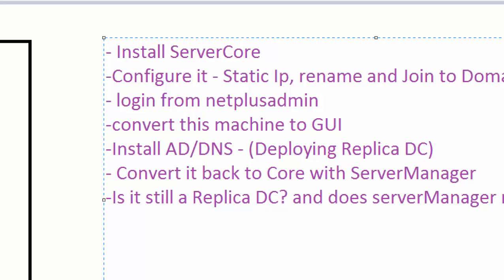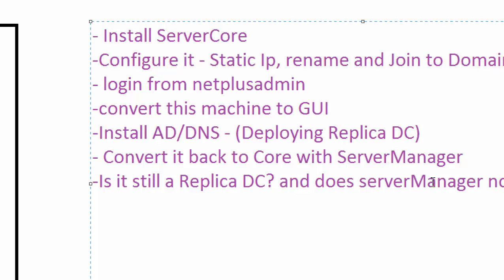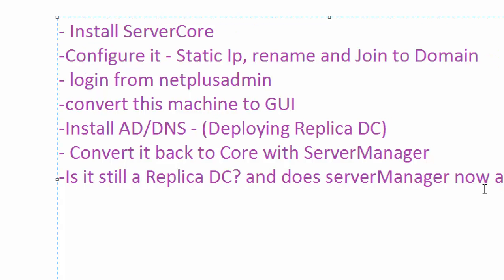The next step would be, as soon as we log in from graphical interface, we're going to deploy the replica DC, and then convert it back to core, and confirm if the replica DC settings were still there when we convert it back from graphical interface to the core. Plus the Server Manager should also be showing in the core version, which was not showing before.